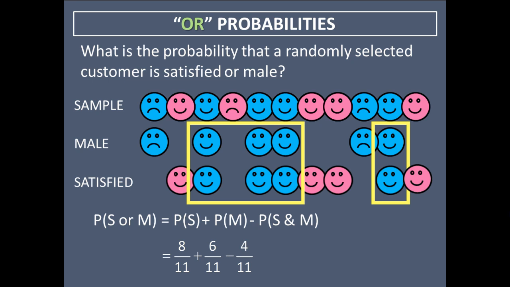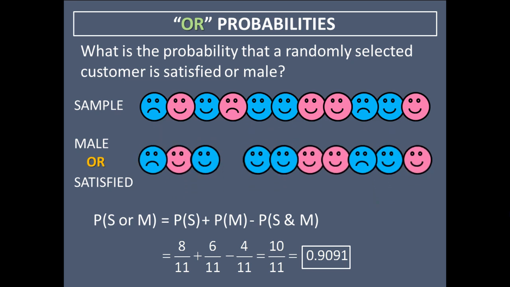If we subtract one of those sets of 4 out of 11, then we will only have counted those individuals that are satisfied and male one time, in which case we get our appropriate probability of 10 out of the 11 customers being either satisfied or male, giving us a probability of 0.9091. And if we go back to our entire sample space, we see that in fact there is only one client who is neither male nor satisfied, and that is the one individual that is female and not satisfied.